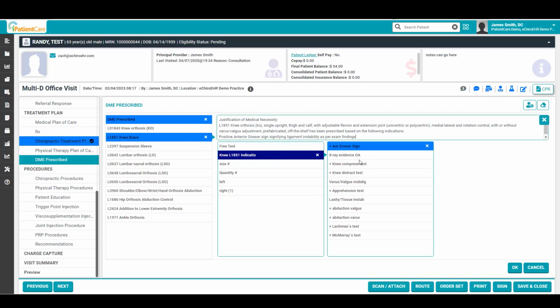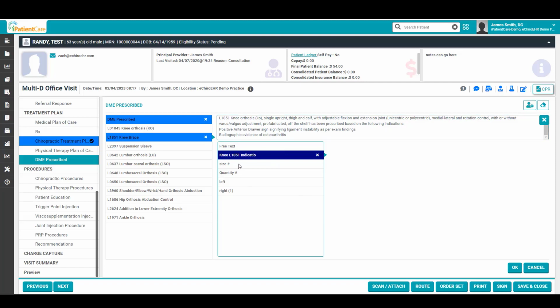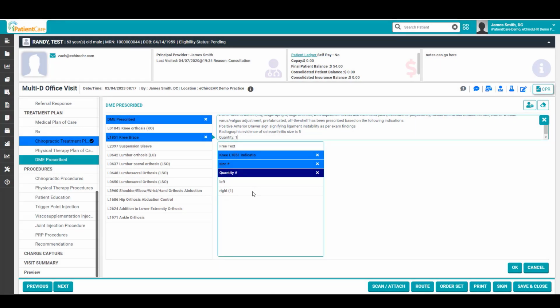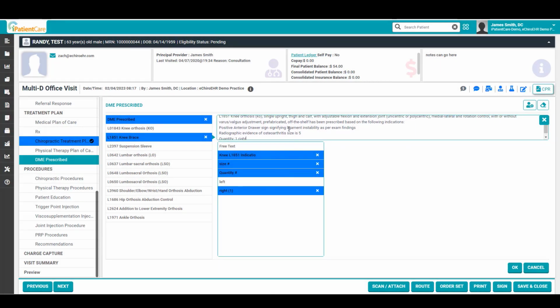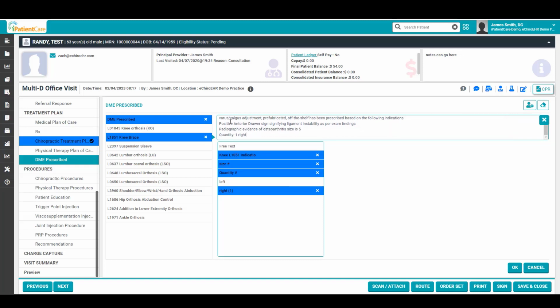And so let's say that there was a positive anterior drawer sign and there's x-ray evidence of osteoarthritis. Then documenting what is the size, what is the quantity, and then is it left or right? And that properly documents the medical necessity for that particular durable medical equipment that has been prescribed.